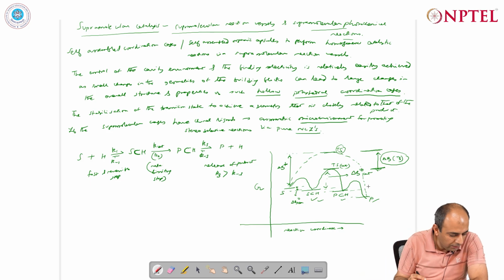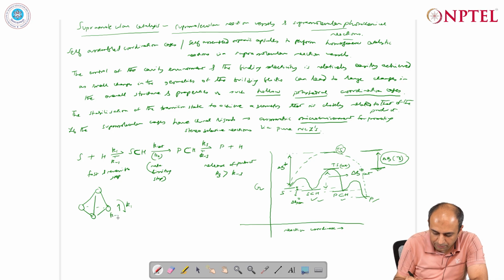So, we can actually take an example where we can represent this, we can have a tetrahedral cage here. This is a tetrahedral cage. We have this as K1, K minus 1, where now the substrate goes inside the cage.